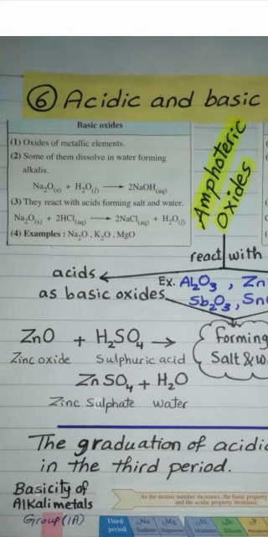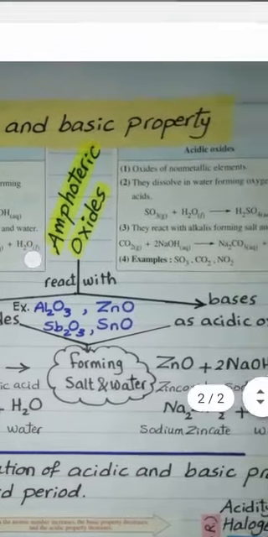Some of basic oxides are insoluble in water, and others are soluble in water, forming alkalis. For example, sodium oxide Na2O as a basic oxide soluble in water reacts with water to form alkali NaOH, sodium hydroxide.